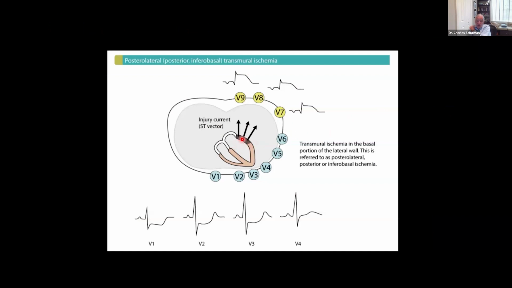So the posterior wall of the heart, the vectors are headed toward the back. So in V8 and V9 you'd see ST elevation, whereas in V1, 2, 3 you'd see ST depression, because the vector is traveling away from V1, 2, 3 and toward V7, 8, 9.